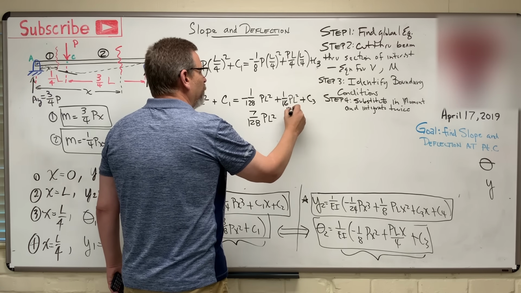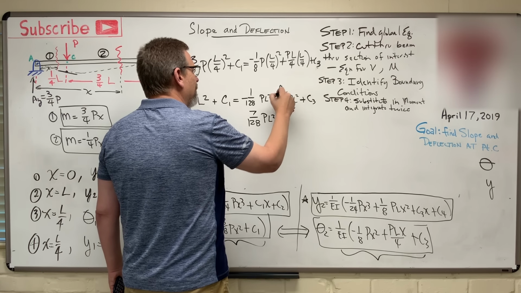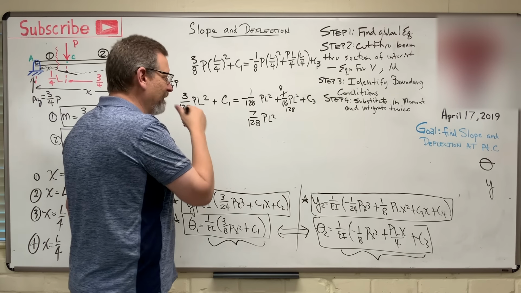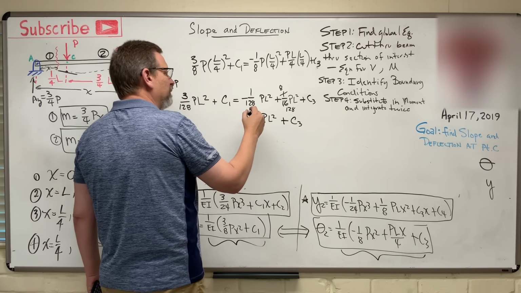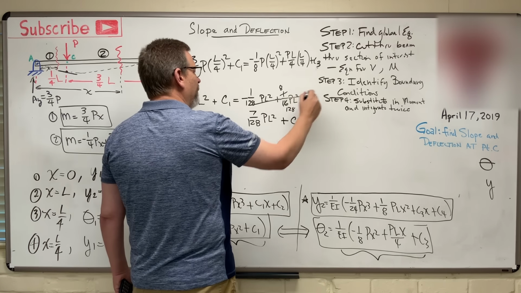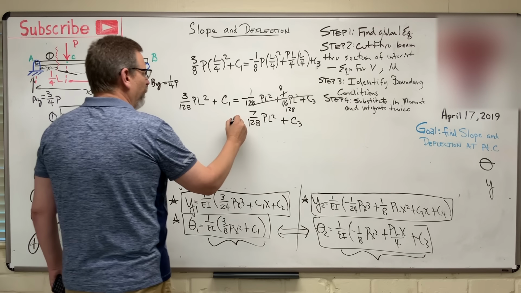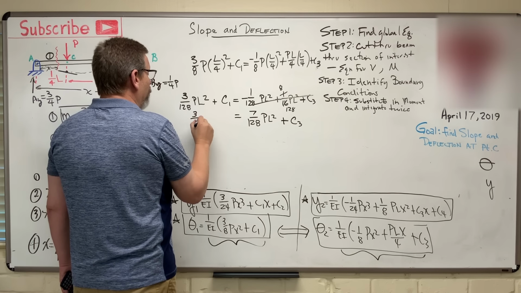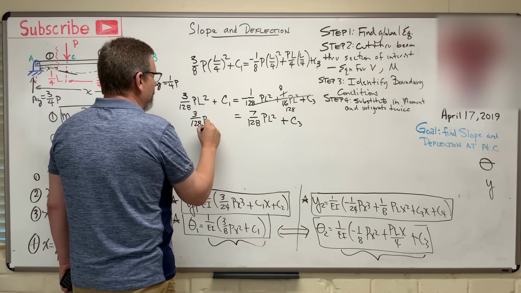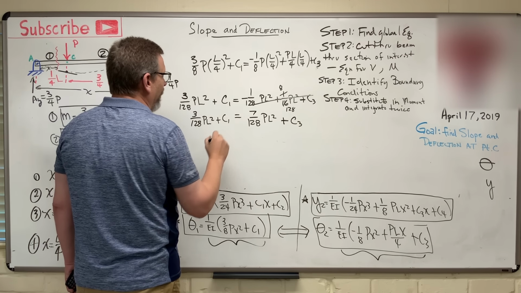You turn that into a 128, that turns into an 8, and 8 minus 1 is 7, right? Plus C3. So that's that whole side simplified, is equal to 3 over 128 PL squared plus C1.